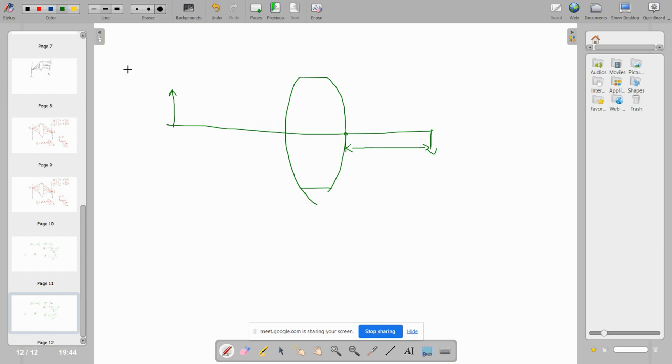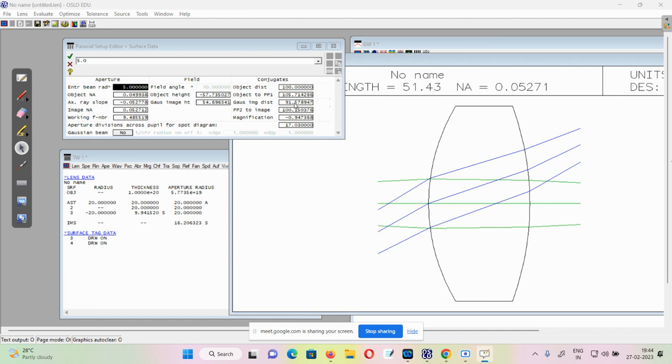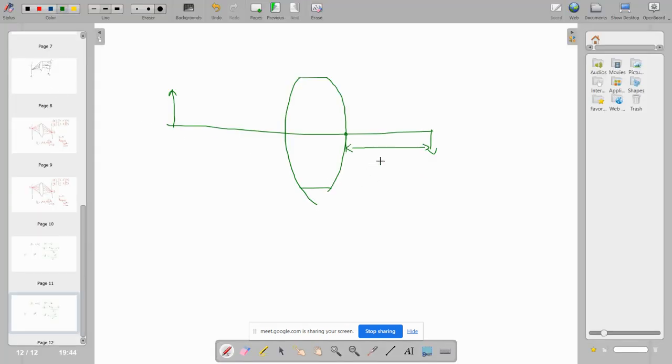Okay, this is given as 91.57 because I put my object at 100. So 91.58.